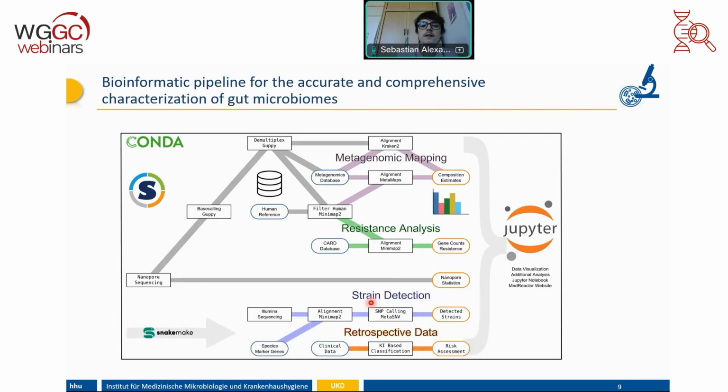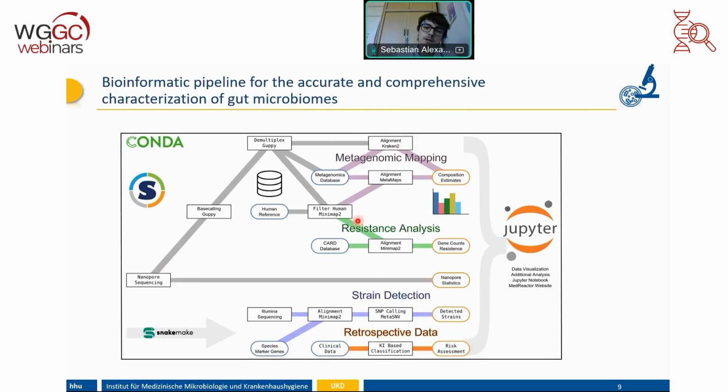We developed a complex pipeline for the analysis of our nanopore raw data, where we did base calling, so the translation from the ion current changes to the nucleotide sequence, and then an alignment with the k-mer-based tool Kraken 2, where we then calculated the microbial composition on species level for the stool samples.